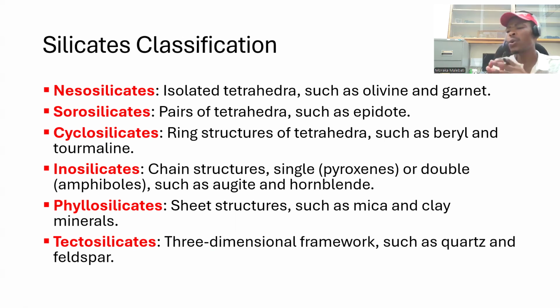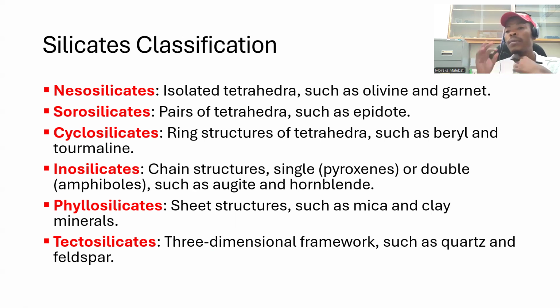Inosilicates form long chains of tetrahedra, where each tetrahedron shares oxygen atoms with its neighbors. But I'm going to show you how these are linked. And then the phyllosilicates are the sheet structures.